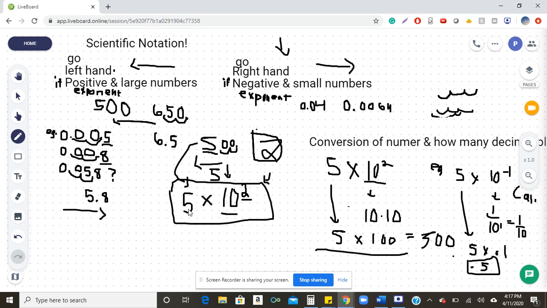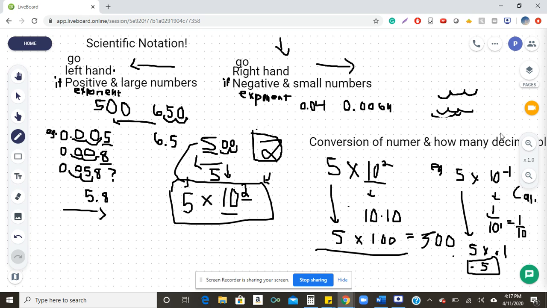And then you just bring down the 5, which was converted from the 500 by moving the decimal places, and you get 5 times 10 to the second. That's the scientific notation.